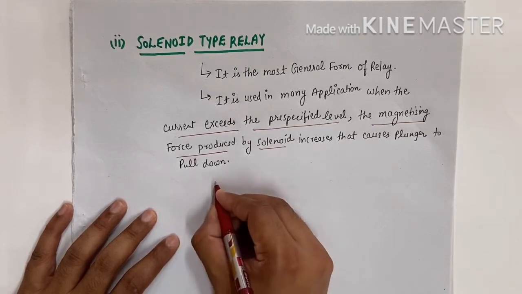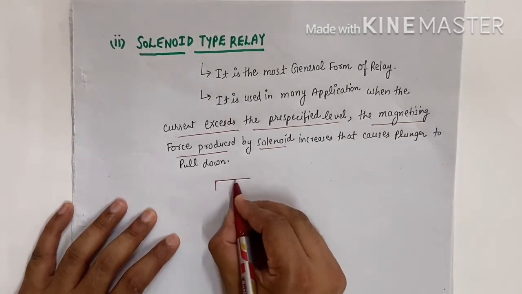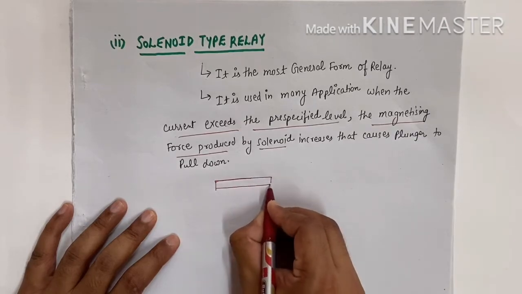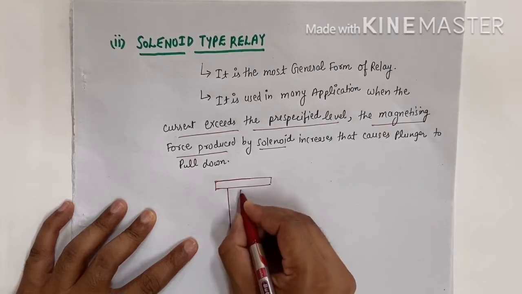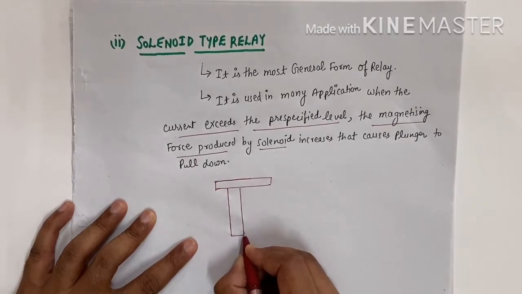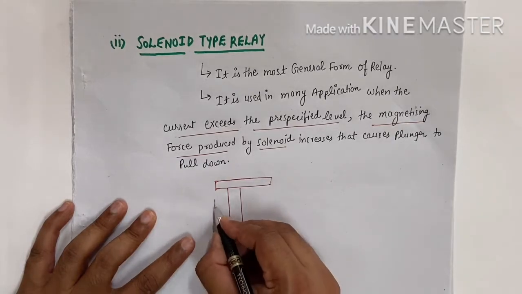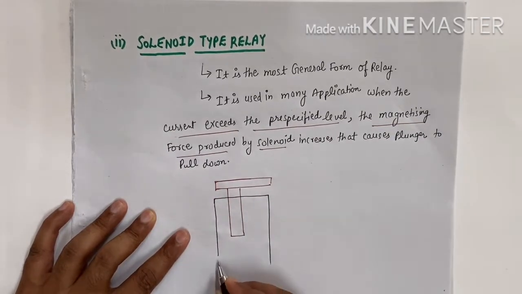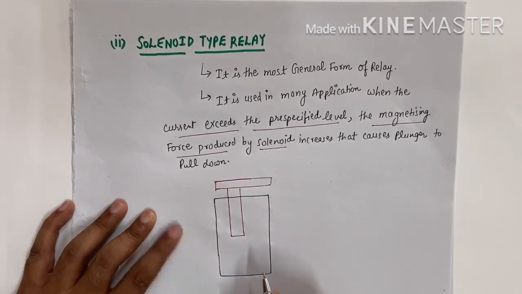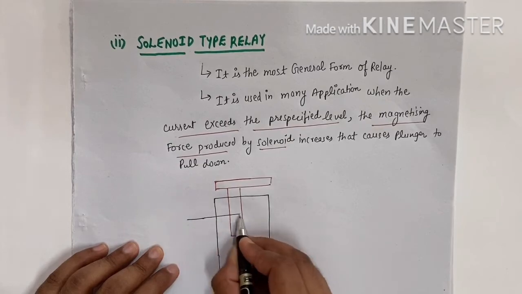In the solenoid type relay, here we have a solenoid. This is the solenoid, and we have a number of turns here.